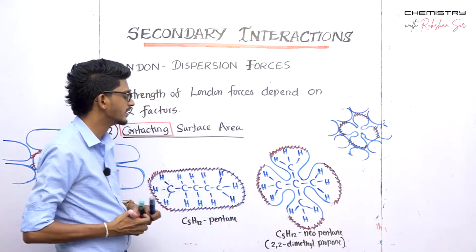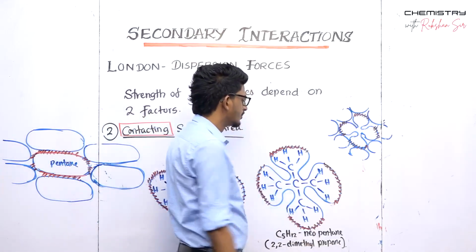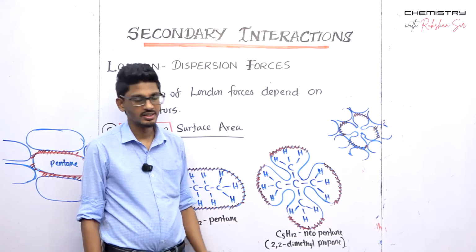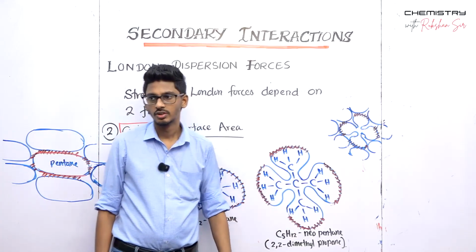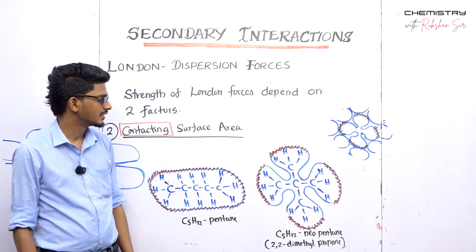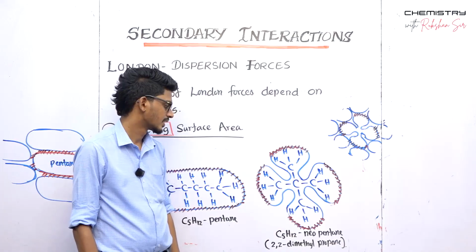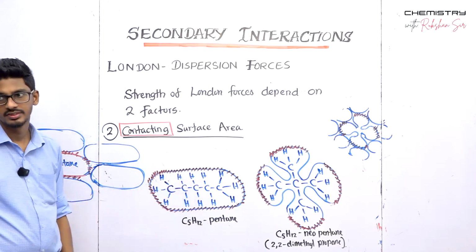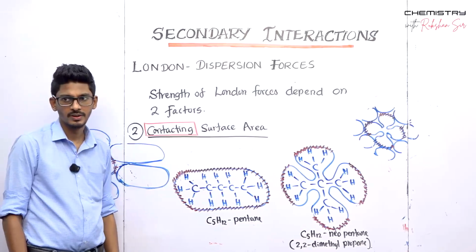To connect to other neopentane molecules, only this area can be used. Conducting surface area is like this. So when we are thinking of the conducting surface area, this guy wins. This guy wins, right?